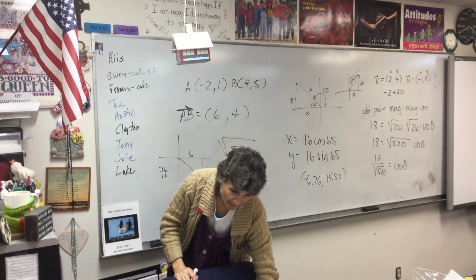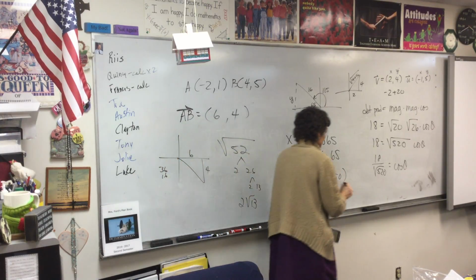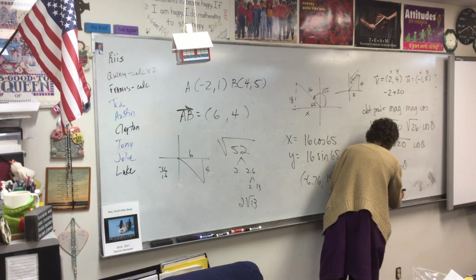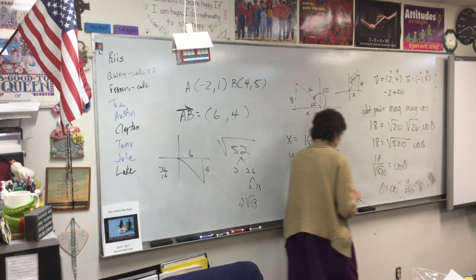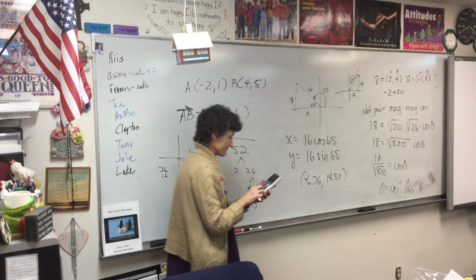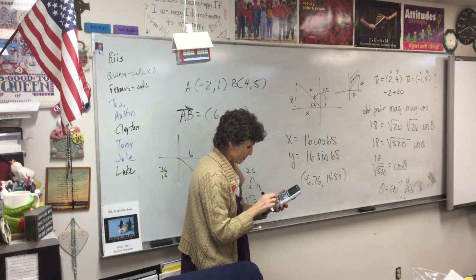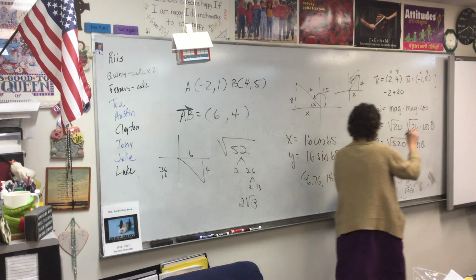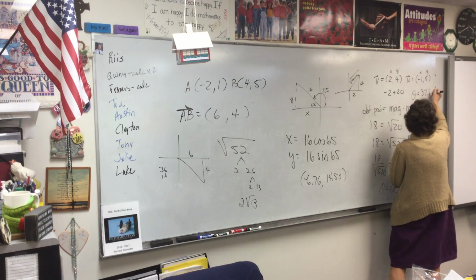And then we absolutely have to have a calculator, because what do we have to do now? Second cosine. That's right. So second cosine of 18 divided by the square root of 520. Did you get the angle to be 37.87 degrees?